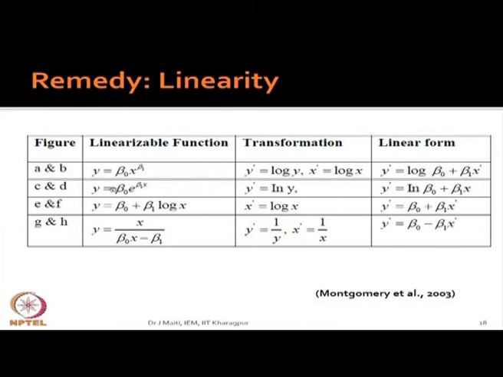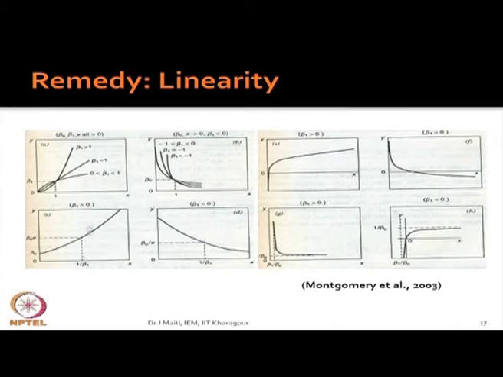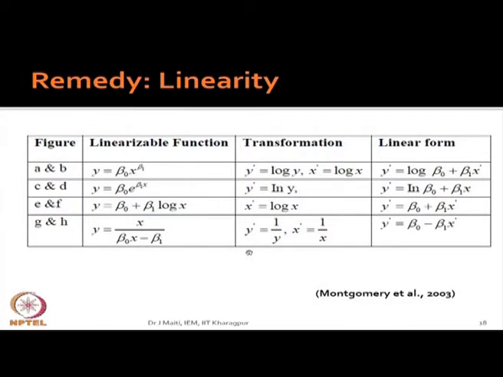And if your figure is like C and D, either curvilinear increasing or decreasing, under this condition your linearizable function is y equal to beta 0 e to the power beta 1 x, and you transform only y, so y dash is log y, and then the linear form will be like this.